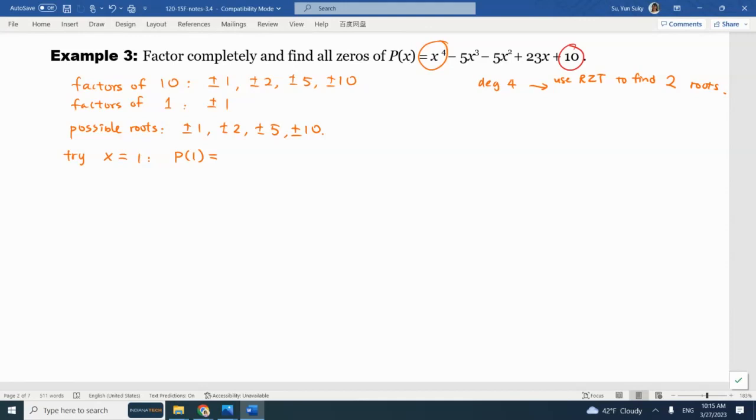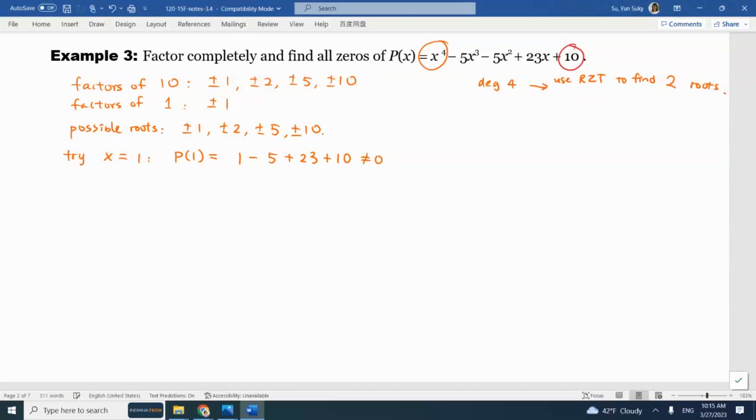Can I just put 1 instead of 1 to the 4th to save time? And minus 5 times 1 squared, can I just put 5, because 5 times 1 is 5? Can I do that? And then plus 23 times 1 is 23 and plus 10.